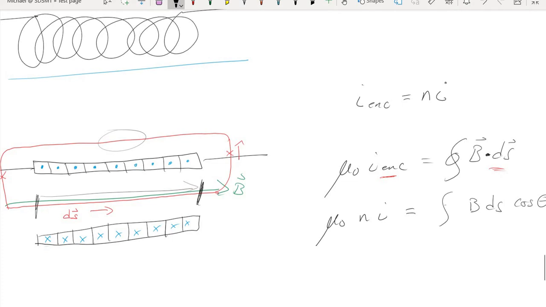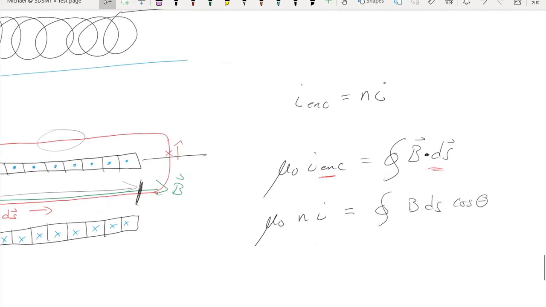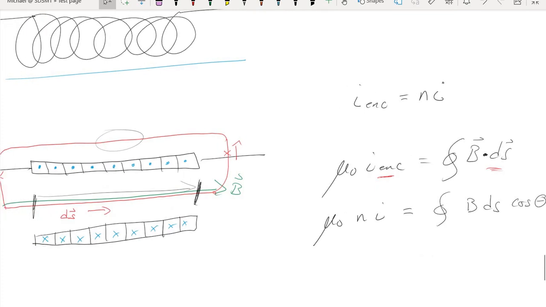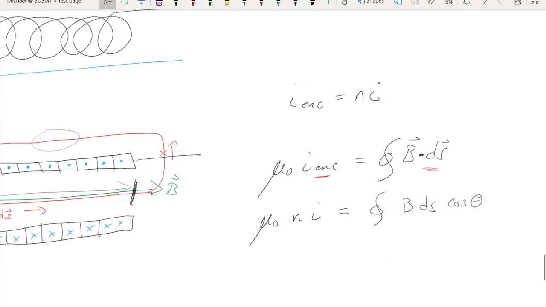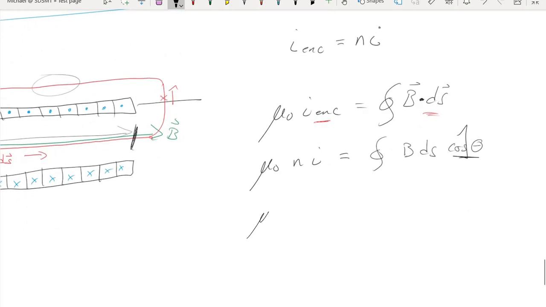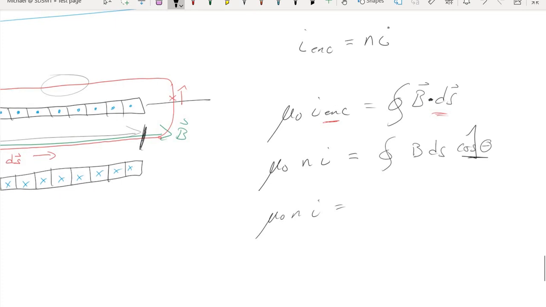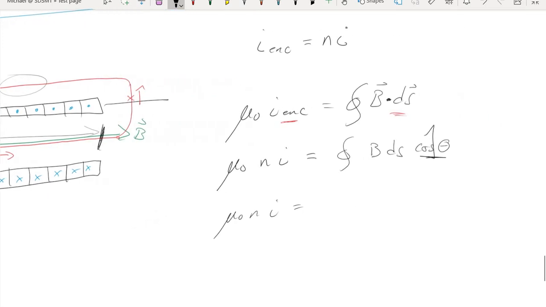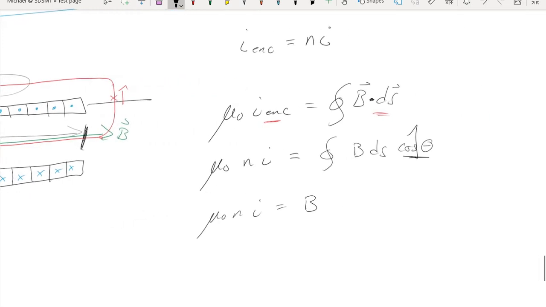And so integrating just through the center of that solenoid, the magnetic field and our displacement vector are running parallel to each other. That's an angle relationship of 0. Cosine of 0 evaluates to a 1. Our magnetic field, we're expecting that to be uniform through the solenoid, so that comes outside of the integral.